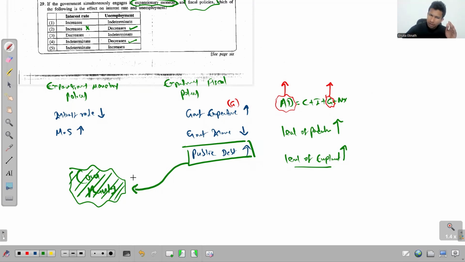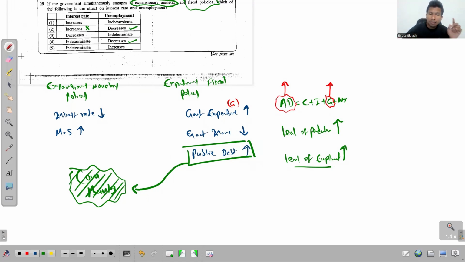It will reduce the funds available for the private sector. Now there's a competition between the private sector and the public sector for the available funds in the commercial banks. As a result of this competition, government asks for loans, and the private sector asks for loans.